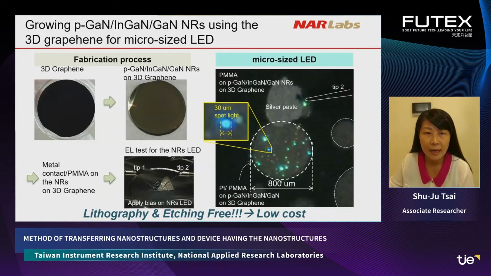If the P-type gallium nitride and the indium gallium nitride are grown on the gallium nitride nanorods on the 3D graphene, micro-size LED with the 30 micrometer spot size can be easily achieved without further lithography and the etching process.